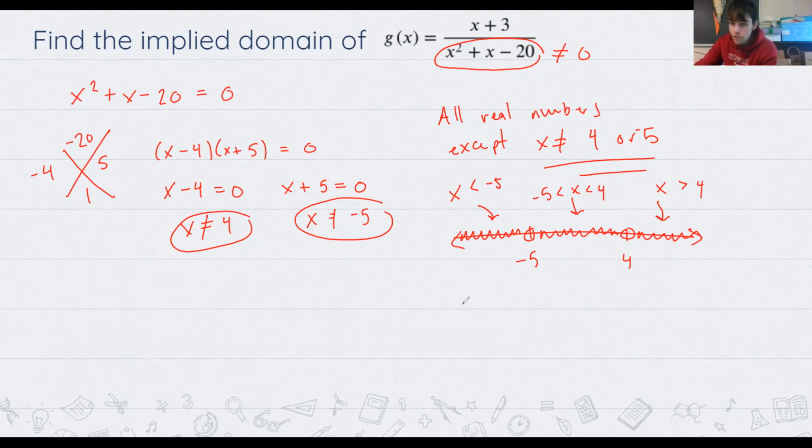We could write that in interval notation, where we would say x is less than -5. That means we're going from -infinity all the way up to -5, not including either of those, because that's excluded. Union with this interval between -5 and +4, again not including any of those, and unioned with finally this last interval, starting at 4 as our minimum value all the way up to +infinity, up forever.